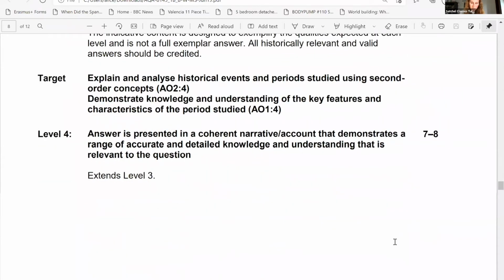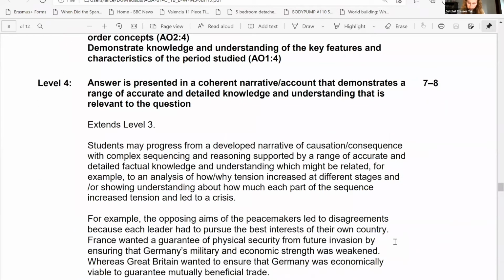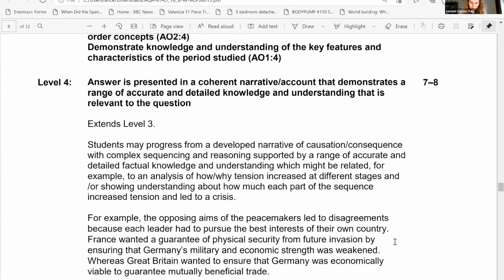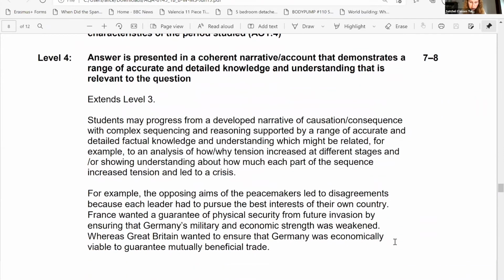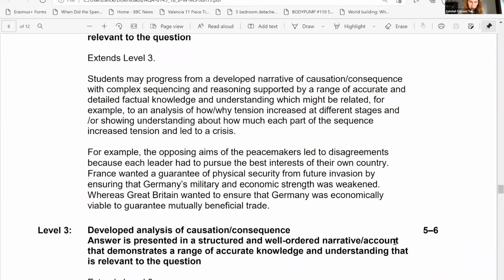But if we just look at what the question is asking of us, so for level 4, if you're looking for 7 to 8, the answer is presented in a coherent narrative or account that demonstrates a range of accurate and detailed knowledge and understanding that is relevant to the question. So don't look at the example, because that's not the question that we've been looking at.